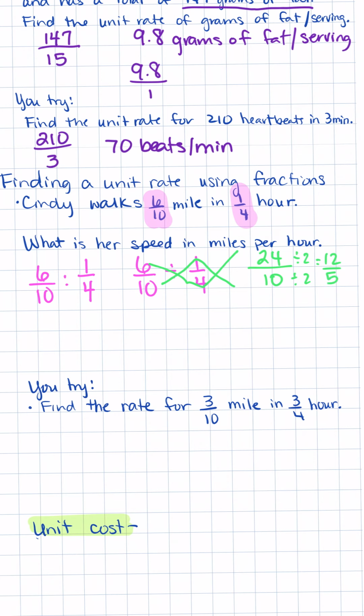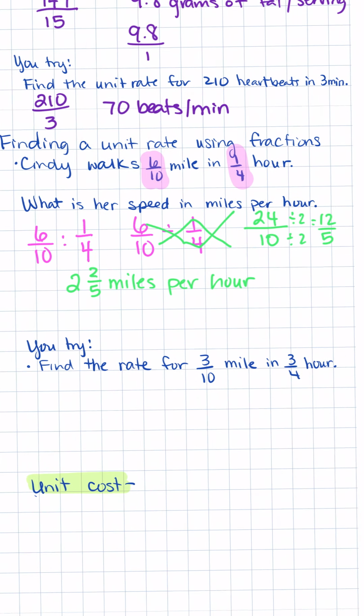And so we can go ahead and divide that. 12 divided by 5 goes in 2 times. There's 2 left over, so we have 2 2/5. And so that is our answer. Cindy walks 2 2/5 miles per hour.